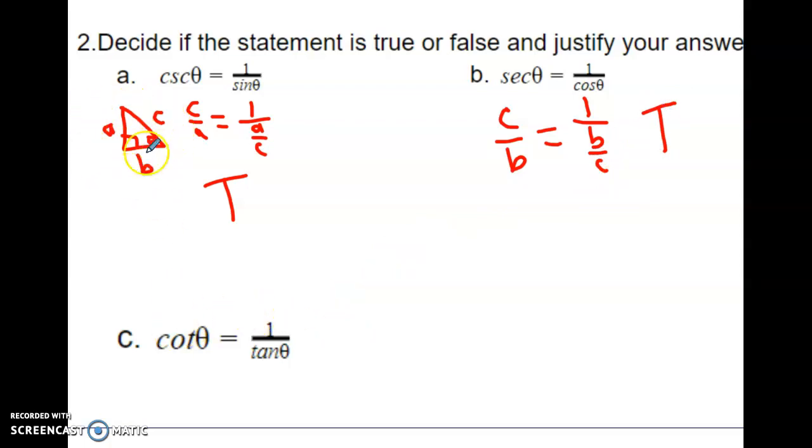And third one, the cotangent. Cotangent is adjacent over opposite, so that would be B over A. And then 1 over the tangent would be 1 over A over B, which if you take the reciprocal of that, that one is also true.